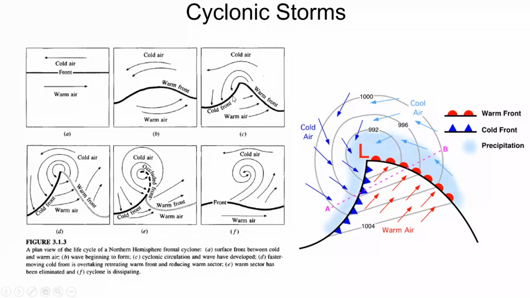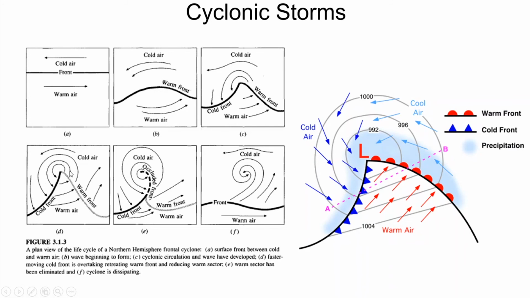And the cold air, generally, its velocity will be high because this is a low pressure region. So the air is blowing from the poles, coming with higher velocity. Therefore, this cold front is sharper than this warm front.